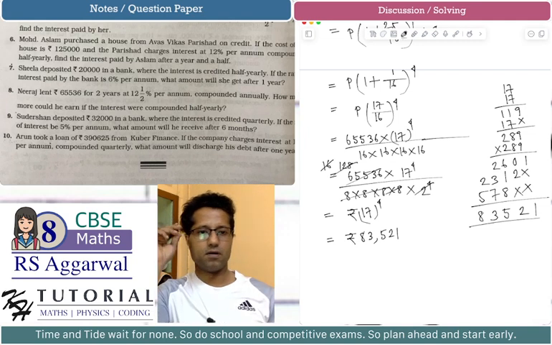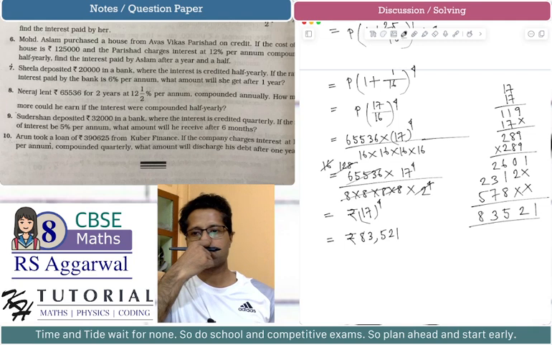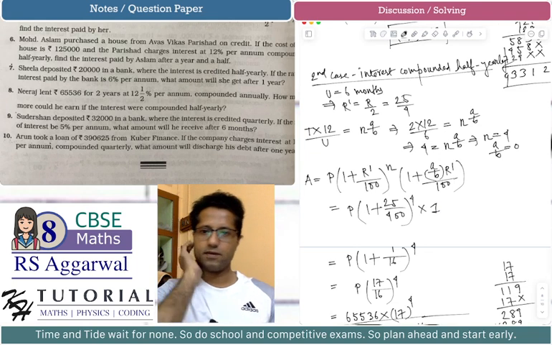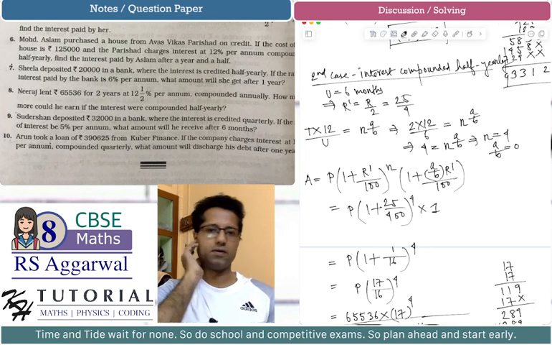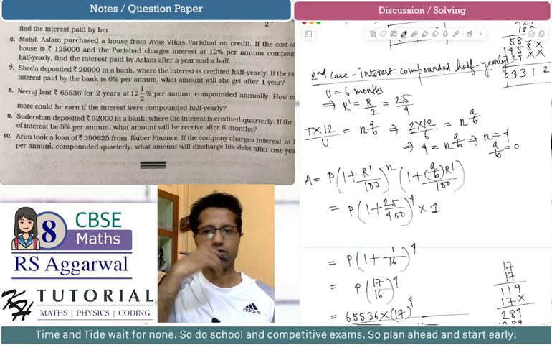So the amount for half yearly should be more, and I'm getting less. The interest is 25 by 2. For the second case, when the interest is being compounded half yearly, u is 6 months. Okay, r dash is equal to r by 2, which is 25 by 4.